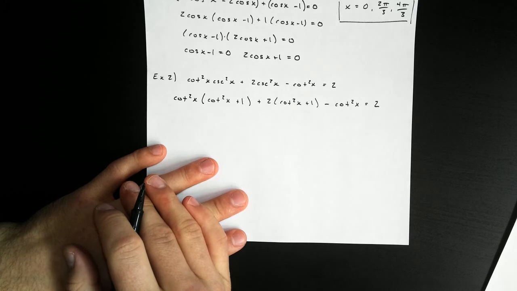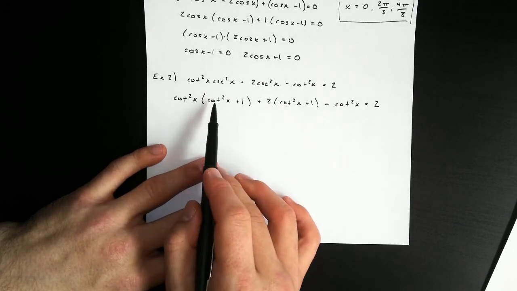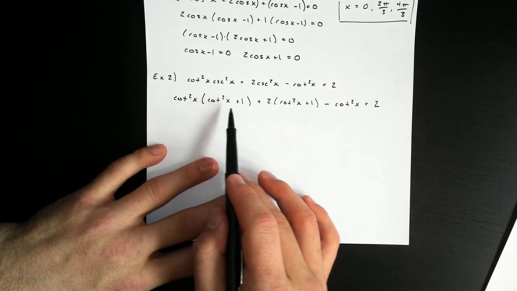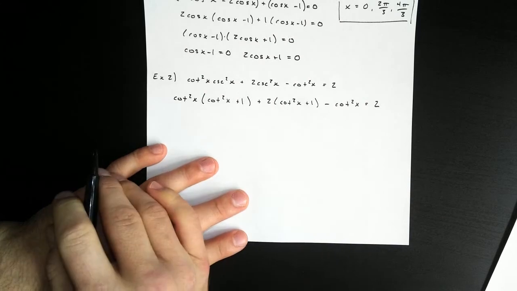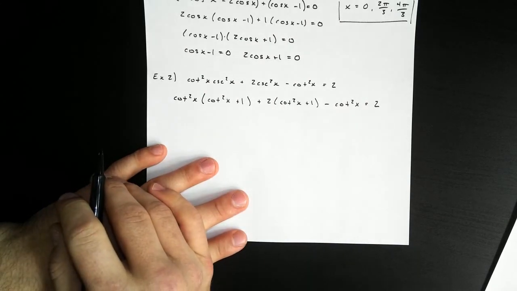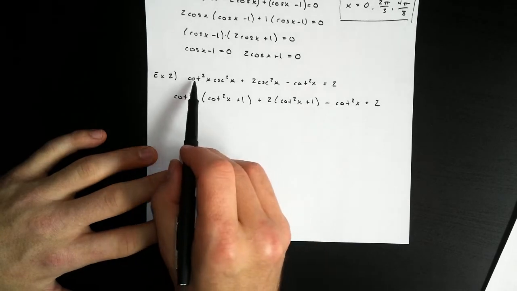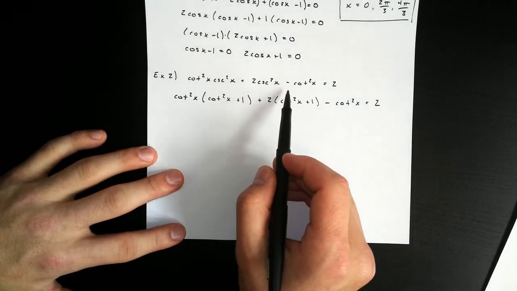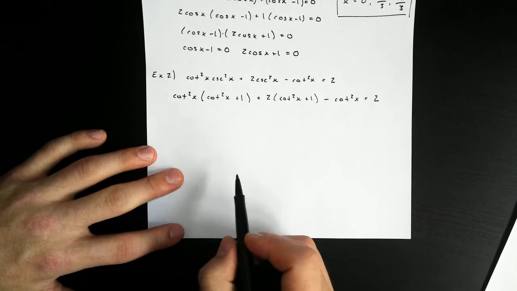So using the Pythagorean identity again, we can replace the cosecant with the cotangent, and now in this equation, everything is cotangents. Now for this example, it's actually not the only way that we could approach this one. Looking at our original equation, I think we could factor this, but this is a good method as well.